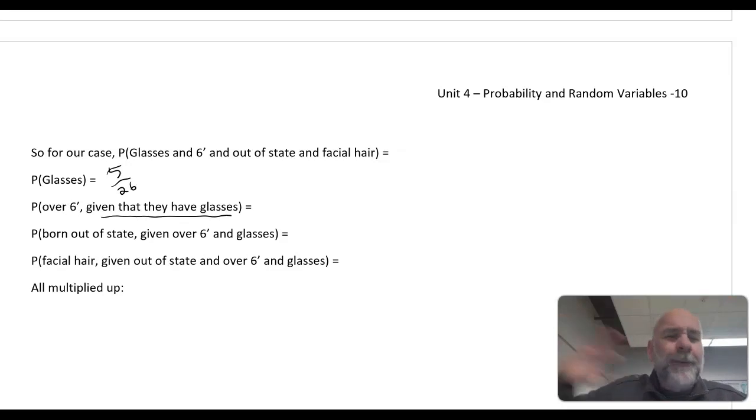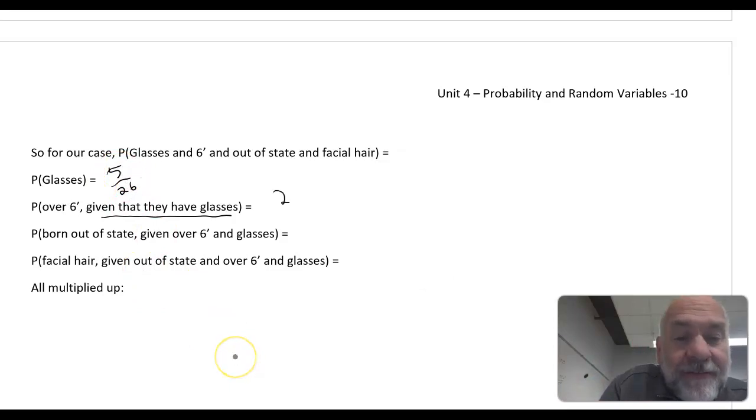All the people who don't have glasses, you can push them aside and leave them off to the side, and say, of the people who have glasses, what's the probability that that person is over 6 feet tall? So there's 5 of us who have glasses. Maybe it's 2 out of 5. Maybe there's one other person, and maybe there's more. I'm making up the numbers.